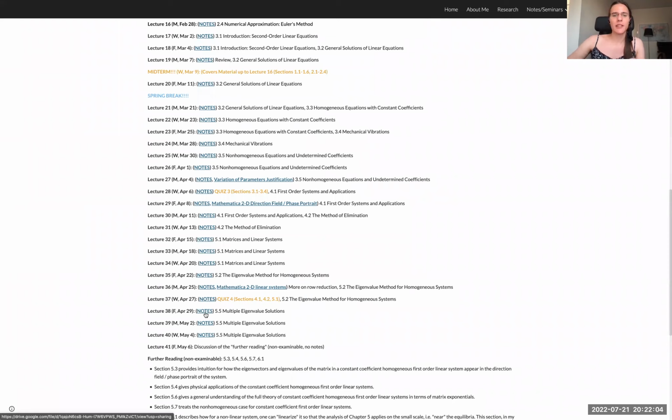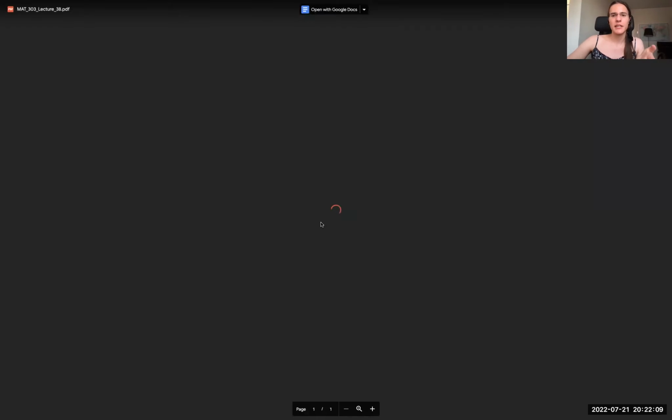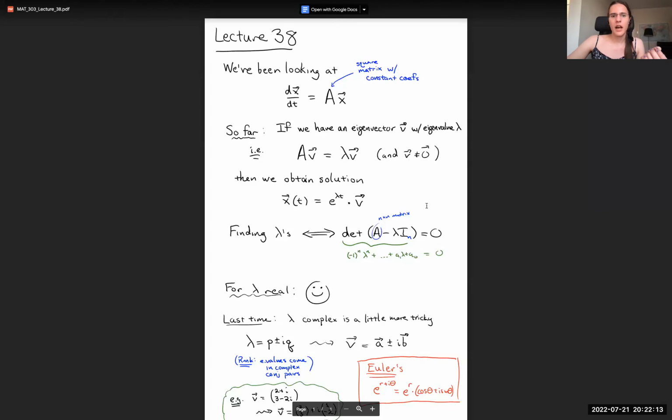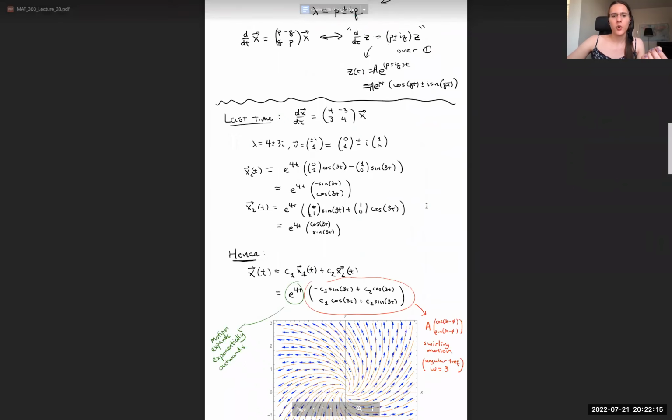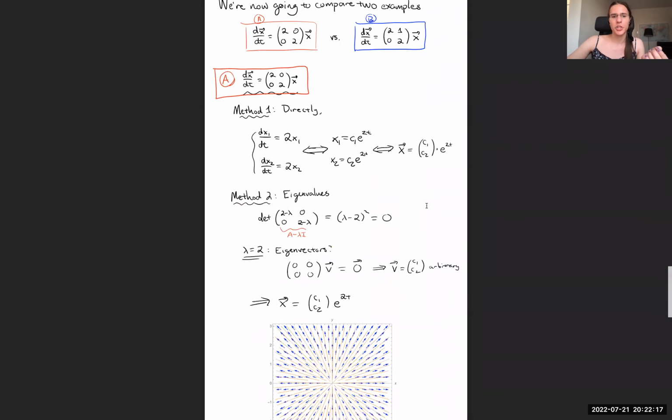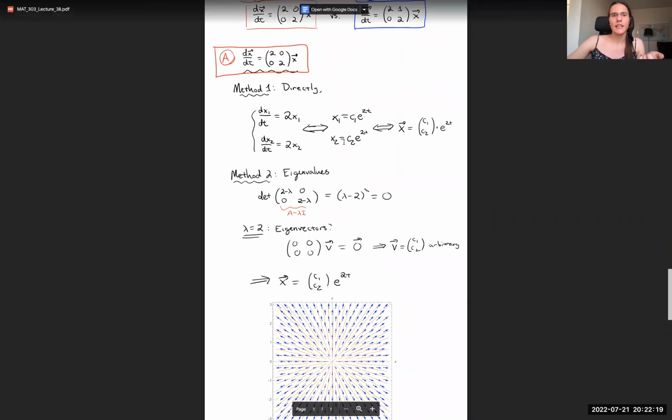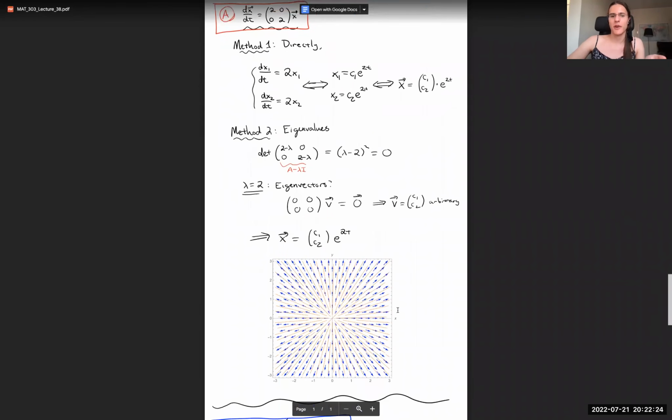And then he covers, here's multiple eigenvalue solutions. He ends with linear systems, and you have, okay, sure. So what happens if there's a multiple solution? In the first case, if it's just a diagonal matrix like this, it's a 2-dimensional eigenspace, great.